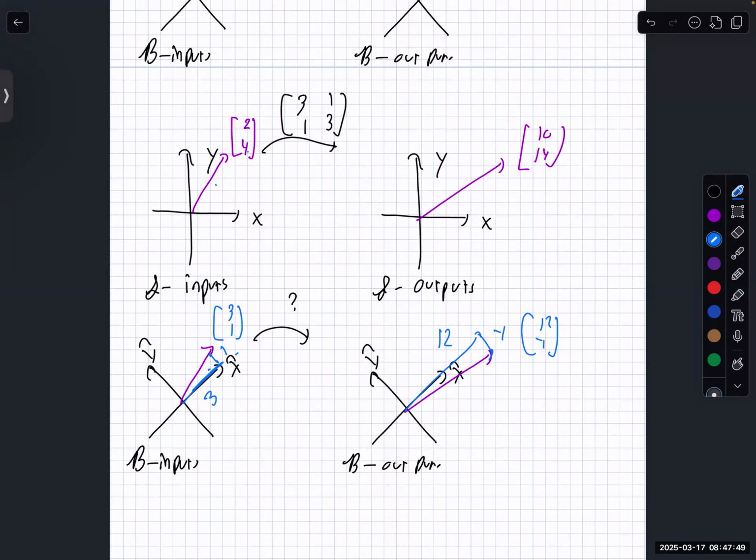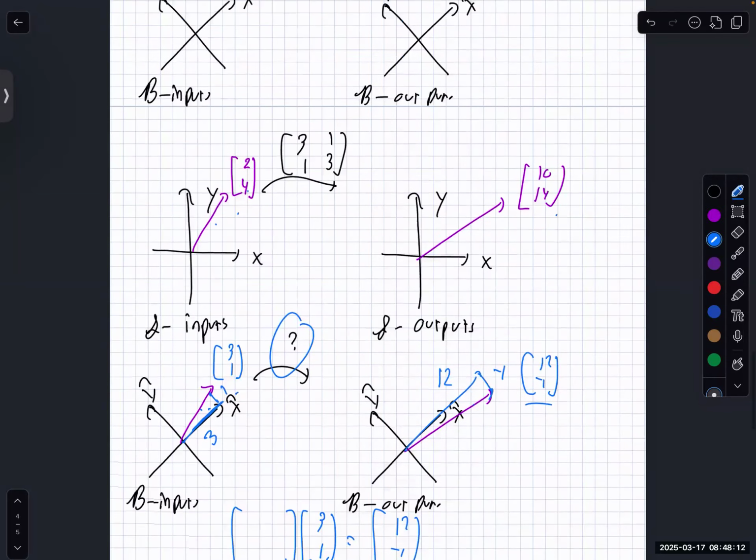And then the input vector gets transformed to an output vector. Same input vector, same output vector, just described differently. We want the matrix that in this particular instance converts 3, 1 into 12, -1.